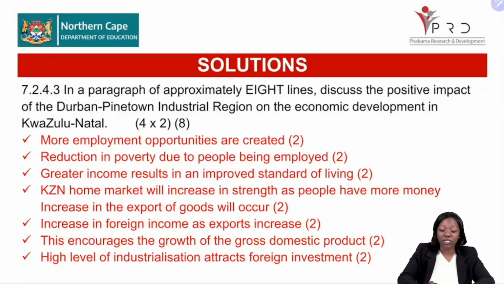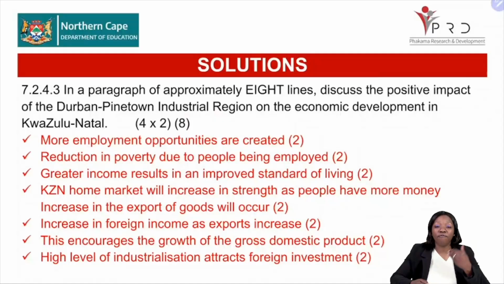Remember, we're talking about the economic development in KwaZulu-Natal. Then the greater income results in an improved standard of living. As more people are employed, it means they will be able to afford for themselves and their families. So the standard of living will be improved.